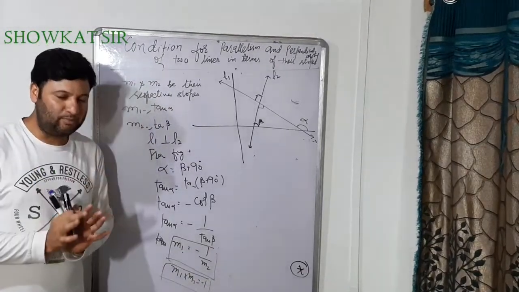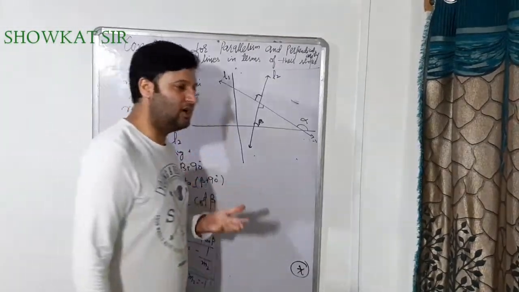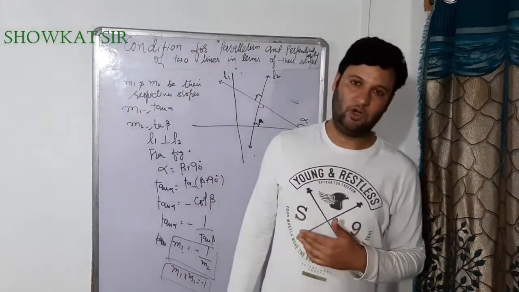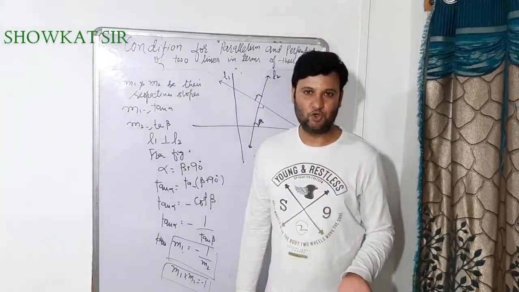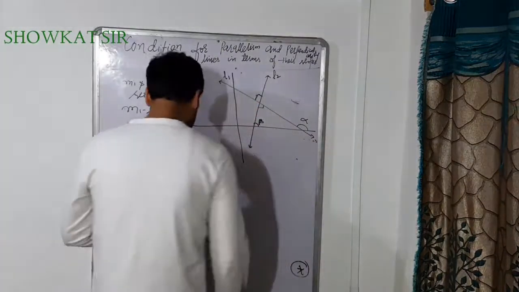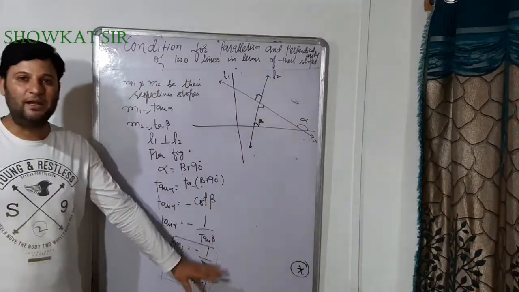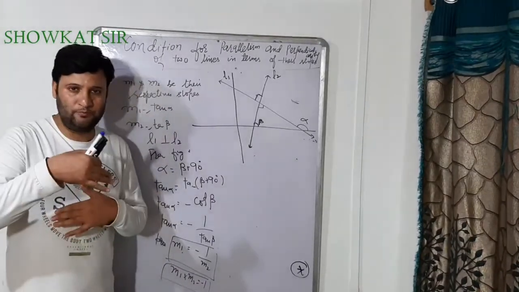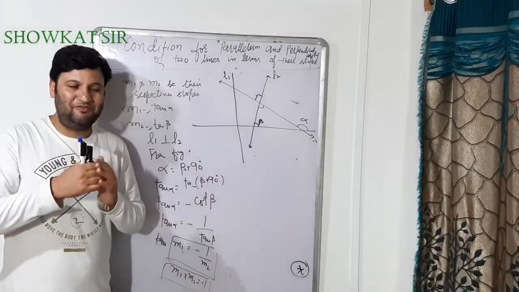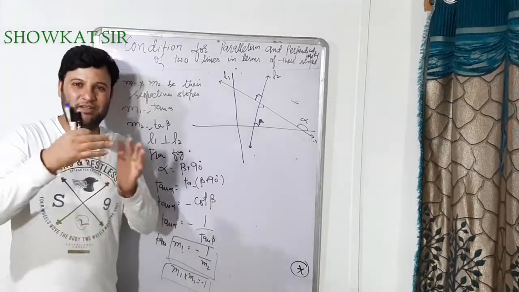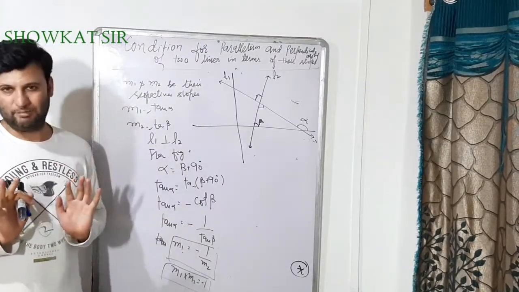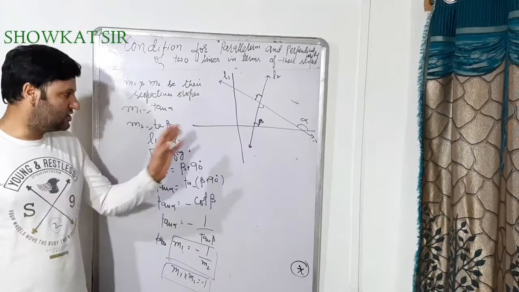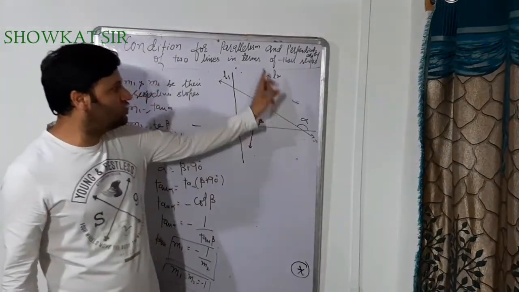Their slopes are negative reciprocals of each other. Or, the product of their slopes is equal to minus 1. And conversely, if the slope of one line is negative times the reciprocal of the other, then the two lines are perpendicular. So this was the condition for perpendicularity of two lines.